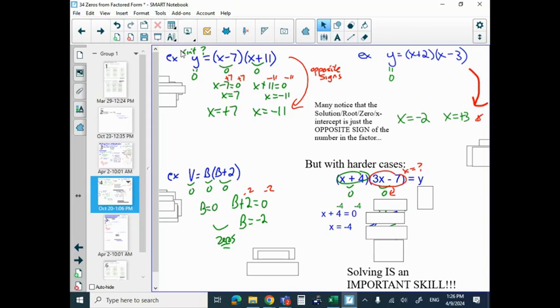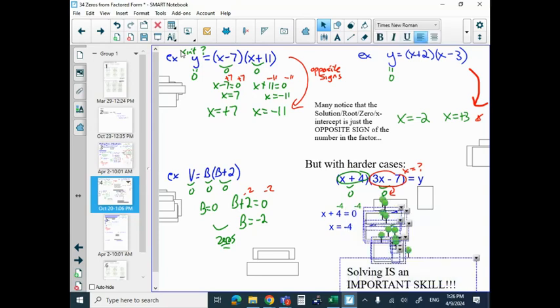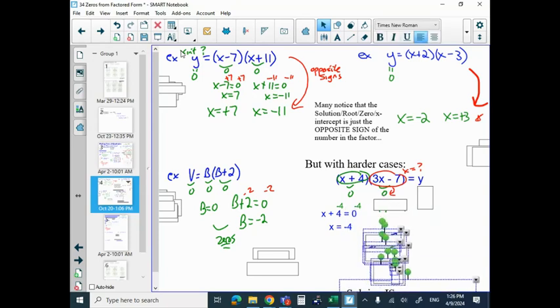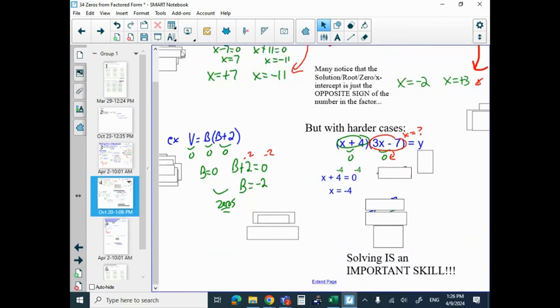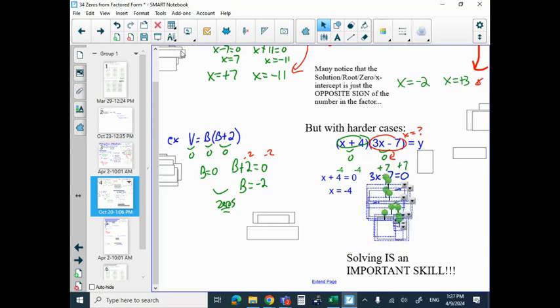And of course, the process is to say, okay, well, I'm missing a line. The line I'm missing is the starting one here, 3x minus 7 equals 0. And so then we're going to add 7 to both sides and end up with 3x equals 7.